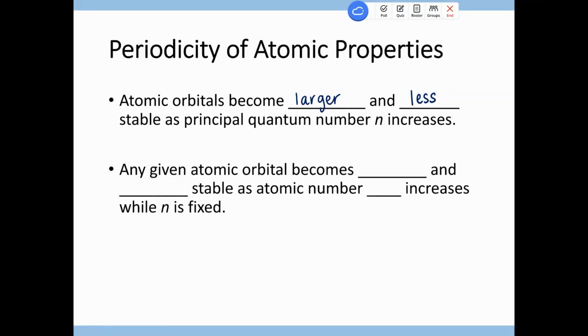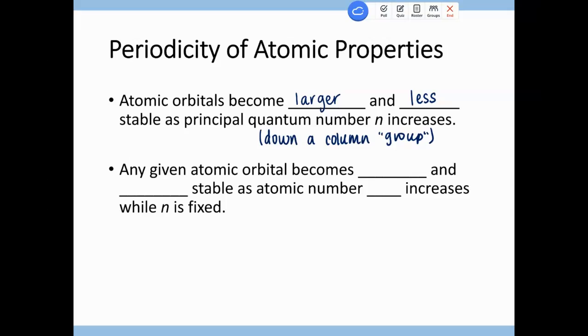And so this is the trend when principal quantum number increases. This is going down a column, which is also referred to as a group. So that's our trend going up and down the periodic table. Lower on the periodic table, we have larger atoms.